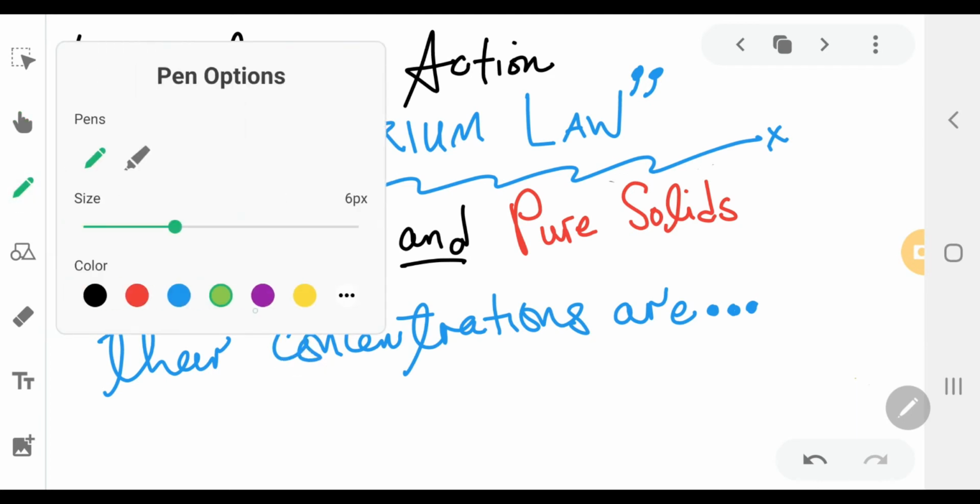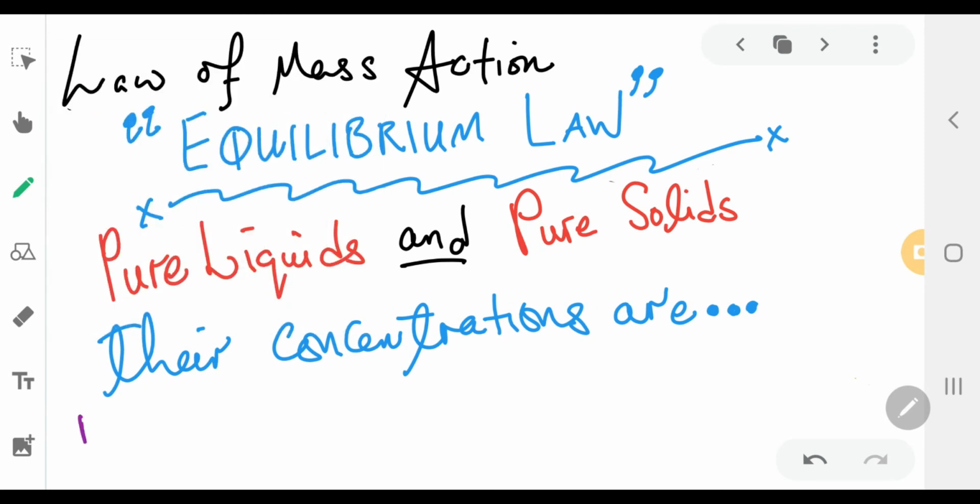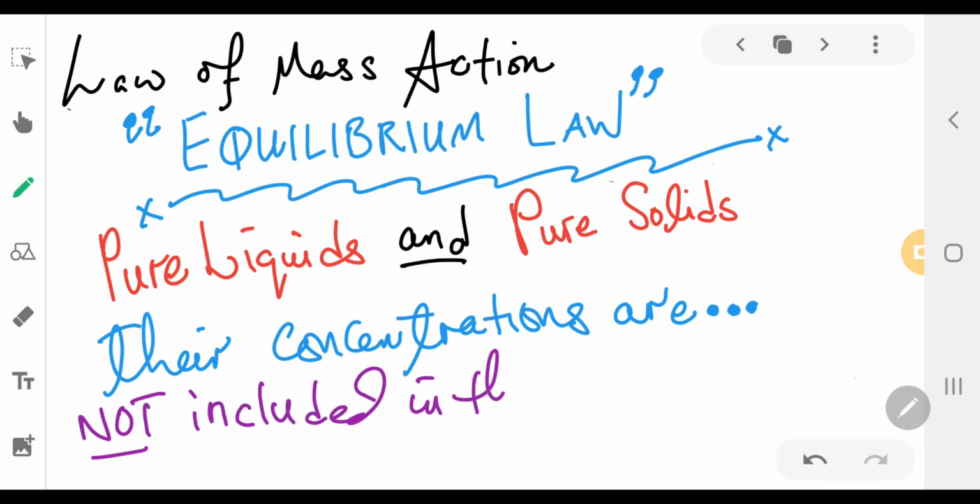Okay, they are not included in the Kc nor Kp.